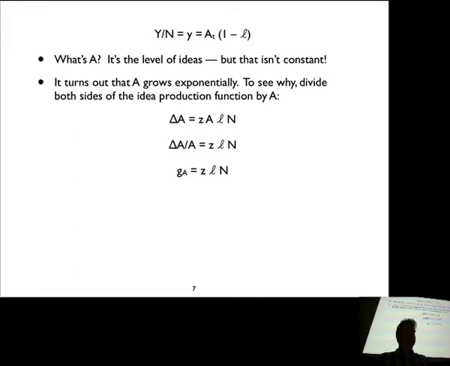Typically, on an exam, I would give you a hint about what to do here, say, I would maybe write this down for you, that delta A is equal to Z times A times L bar times N. And I would say, well, use this and try to find an expression for the growth rate of A. And then you would be on the hook for remembering that the growth rate of A is actually the change in A divided by its level. I admit, though, it's a little bit confusing.